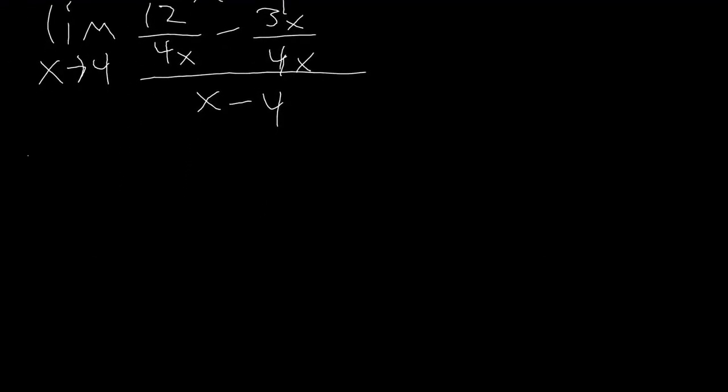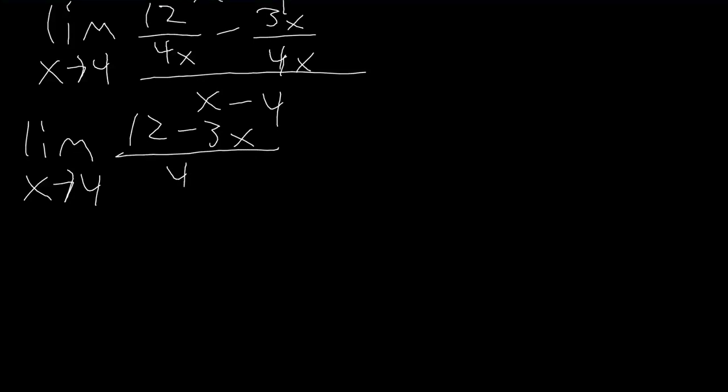Now let's just simplify the numerator a bit. So it's the limit as x approaches 4. Always remember to write that, because we're taking the derivative, not the average slope, of 12 minus 3x over 4x over x minus 4.